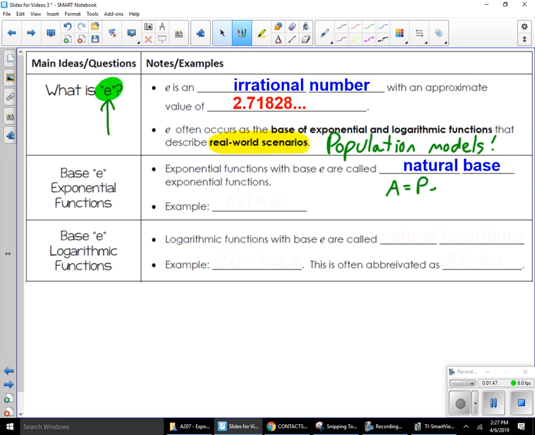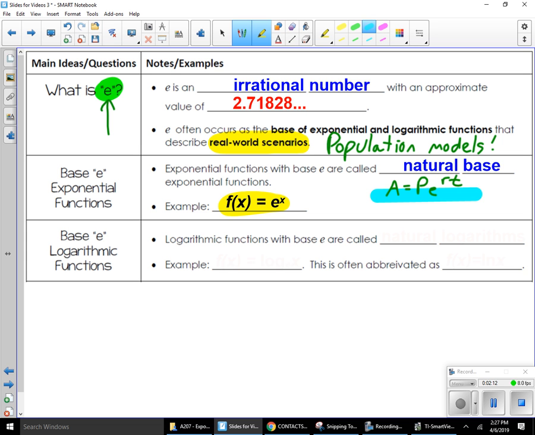It was our A2070506 model for continuous interest. The parent function is just f of x equals e raised to the power of x. We'll look at transformations of those exponential functions when we start graphing. But for now, our parent model is just this one. And keep in mind, we have used a transformation of that model in the past, our A2070506.